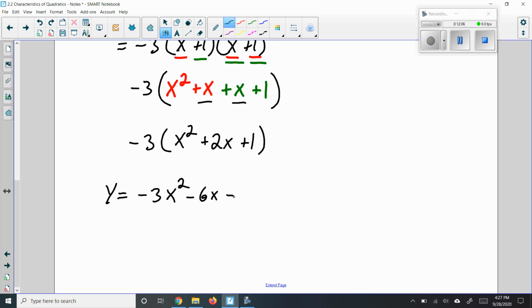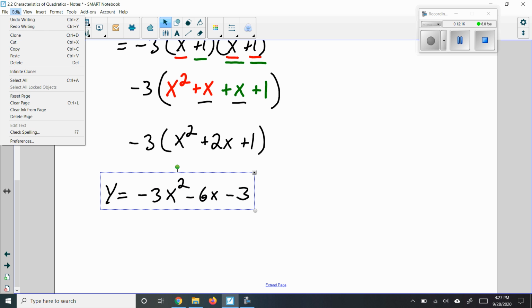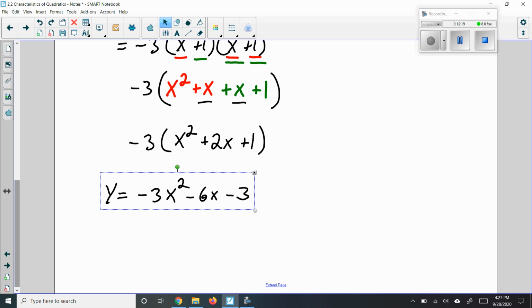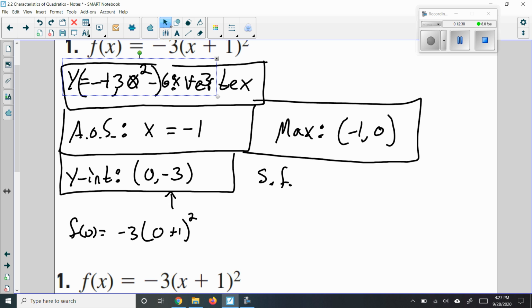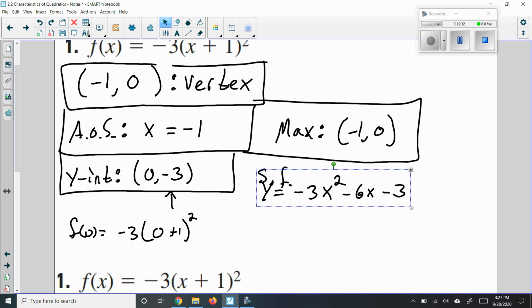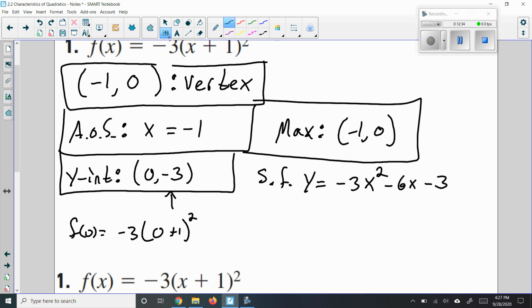And -3 times 1 is -3. So this is standard form. So we'll just take this whole thing here, and we'll move it all the way up here at the beginning of our problem. So here we have standard form.